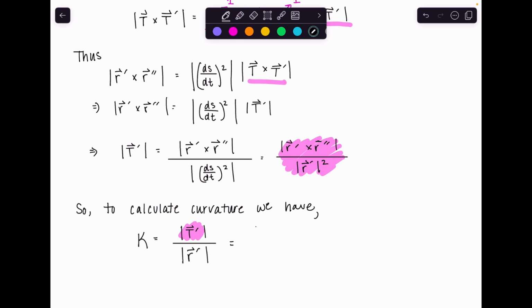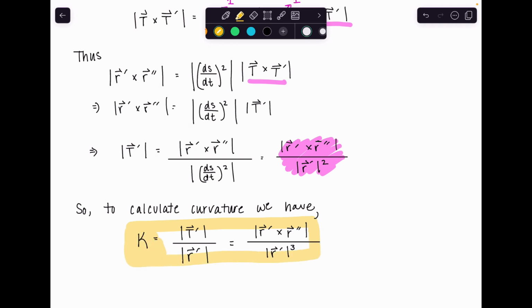So what ends up happening is you get the magnitude of r prime cross r double prime divided by the magnitude of r prime squared, but we already have an r prime in the bottom, so this becomes r prime to the third. Okay. So either one of these formulas is going to calculate curvature for you. And it really depends on the problem which is going to be the easier one to use.